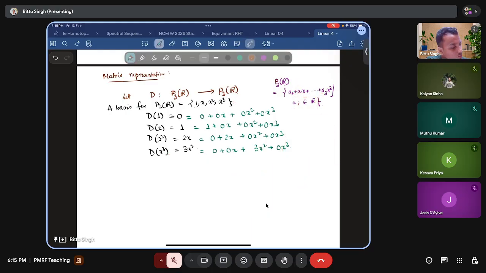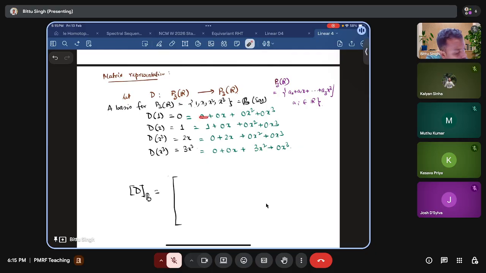Okay, so let us see what the matrix representation is. The matrix representation of D with respect to the basis, say this is script B, is the same as, so first we write those coefficients in the first column.